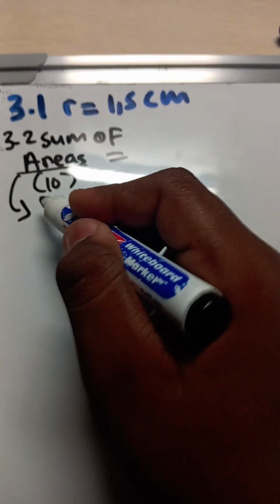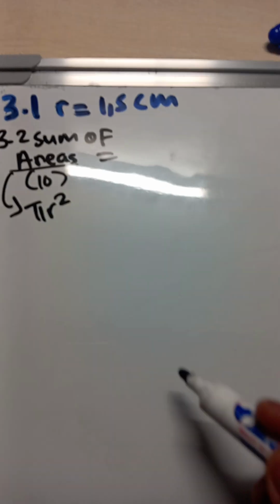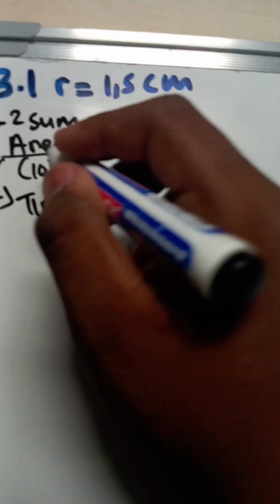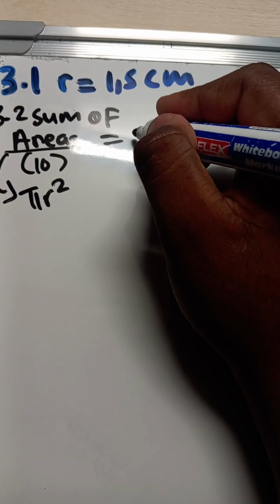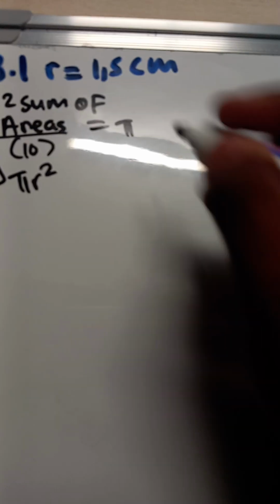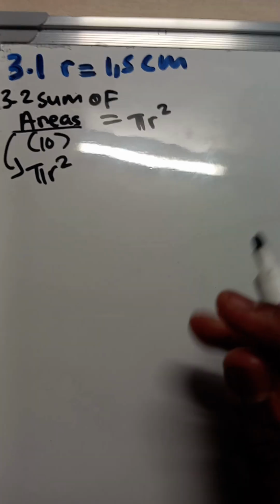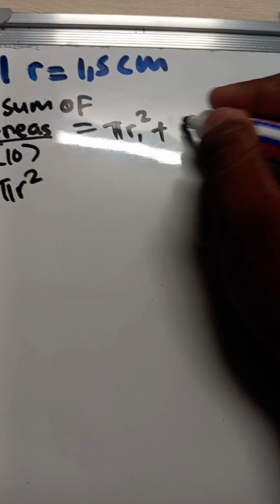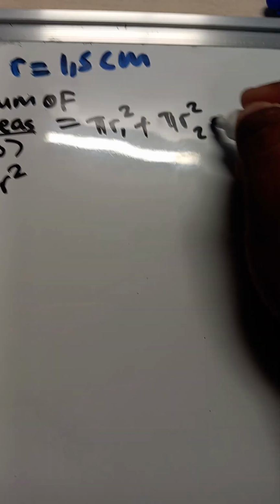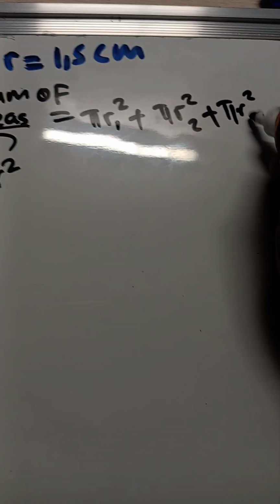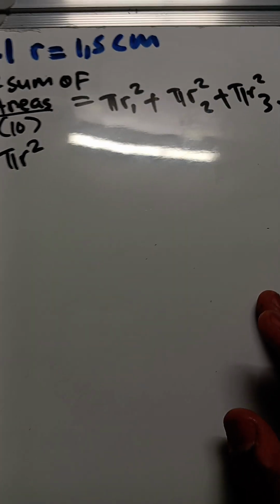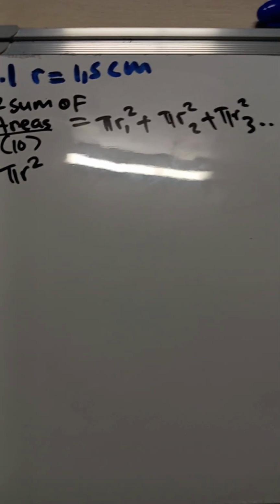We know that the area of a circle is just pi r squared. We know that, right? Now what does it mean? It means that this is going to be equal to pi r squared of the first circle, plus pi r squared of the second, pi r squared of the third, up to pi r squared of the 10th. Because that's what we have now.